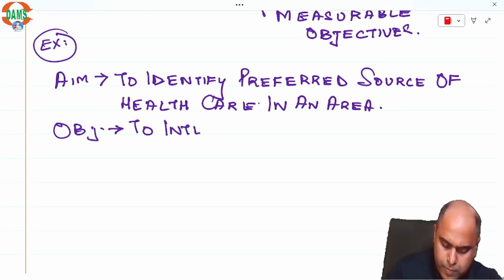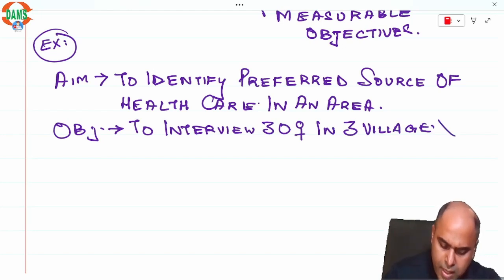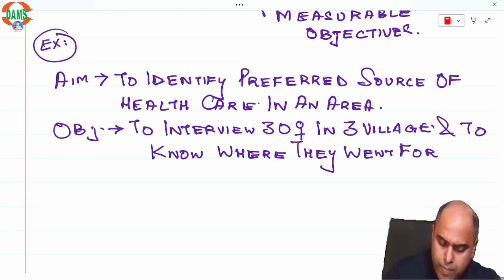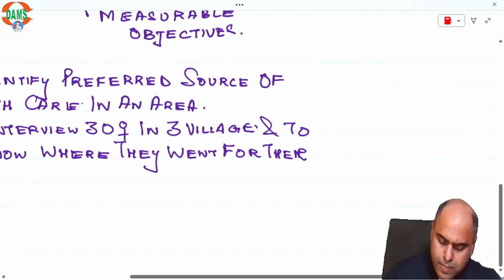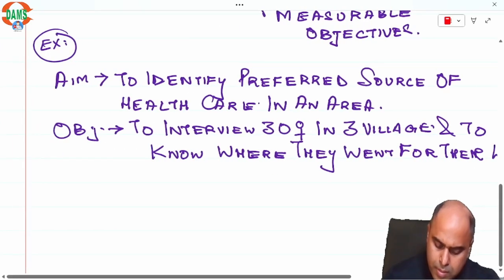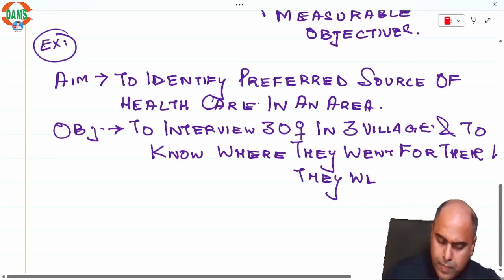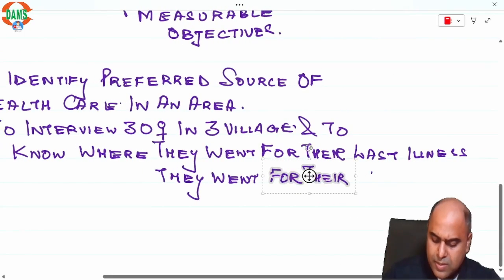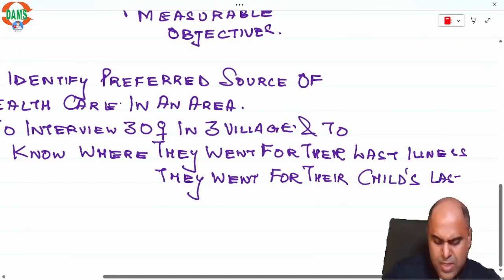And the objectives can be to interview 30 females in 3 villages and to know where they went for their last illness, or where they went for their child's last illness, something like this.